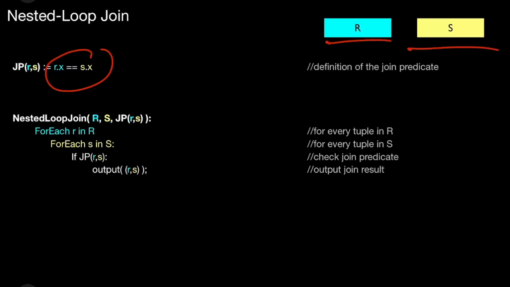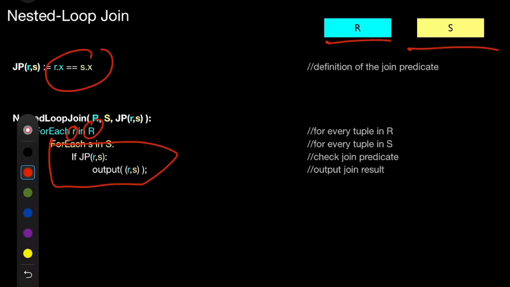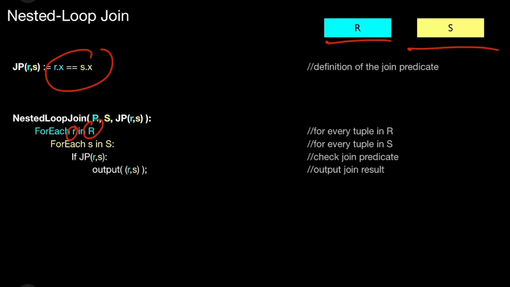Well, you do a loop over the elements of relation R. For each small r in big R, you have a nested loop, called for each s in S. So for each s in S, another second loop. And then you check whether this particular combination of small r and small s qualifies under this join predicate.